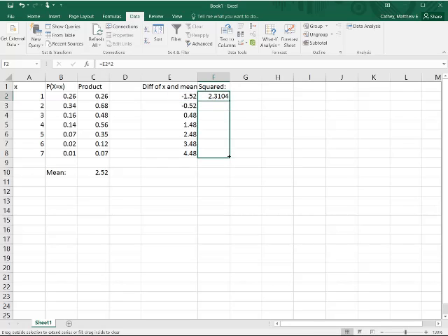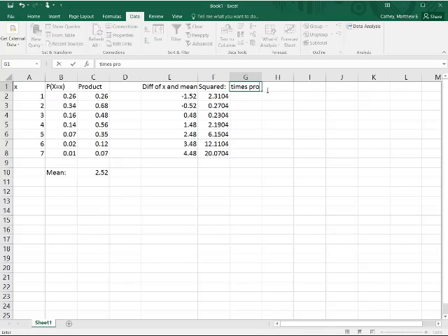We copy all those down. Now, each of those numbers we have to multiply by the associated probability. So this will be equal to the square of the difference of x and the mean times the probability associated with that value. And we copy that down.